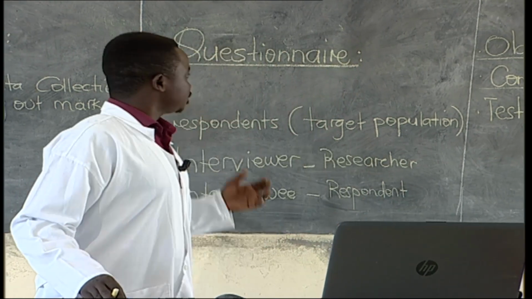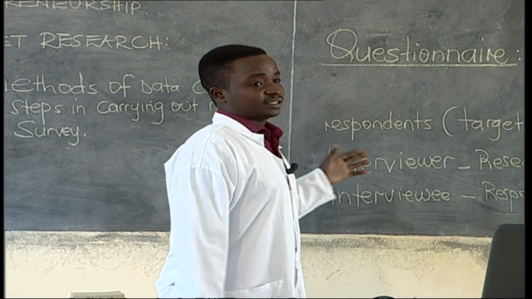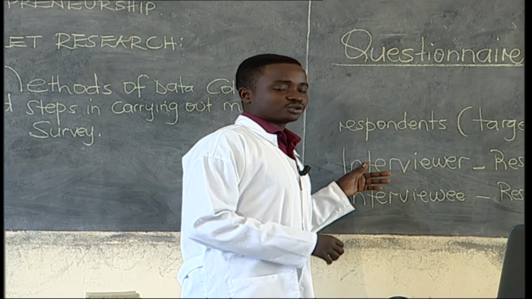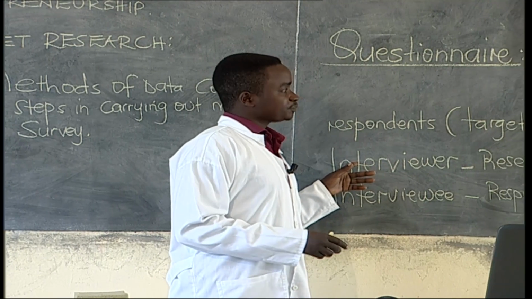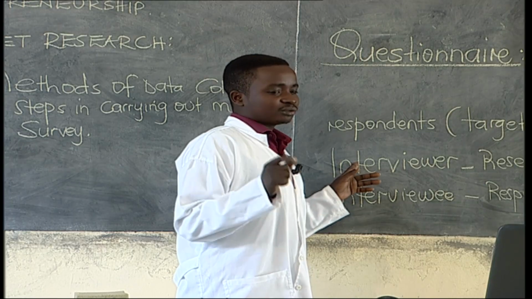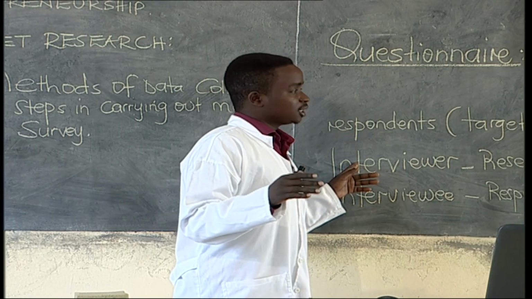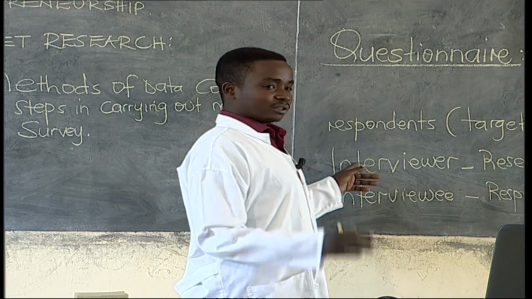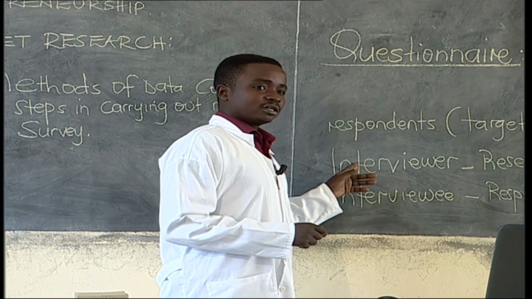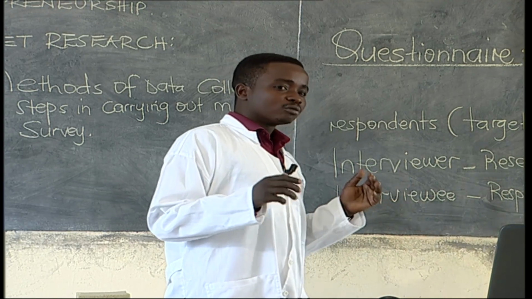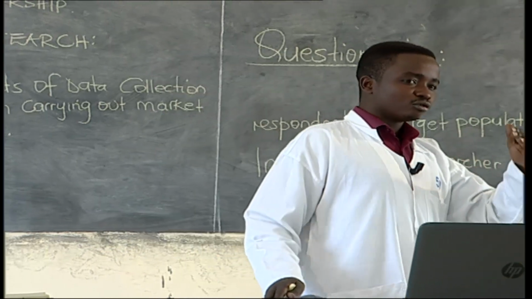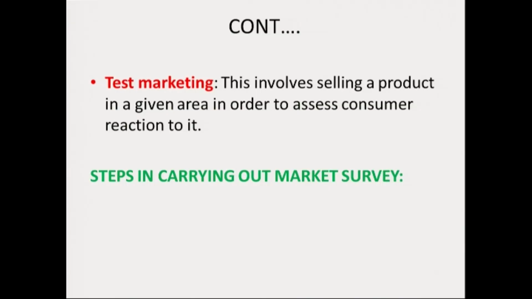So these are research instruments or research methods that are used in data collection. Remember, data is the information collected from the targeted population. And when we talk about the population in this case, we don't mean the population of geography, the number of people living in an area.